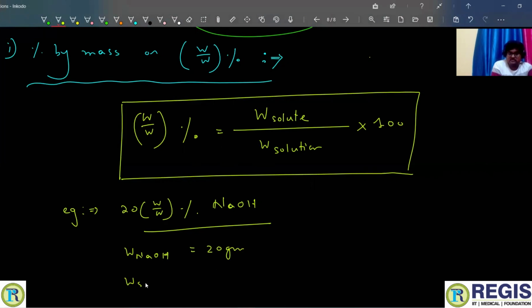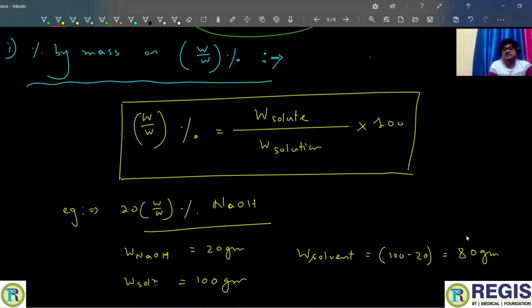The weight of solution is 100 gram. Now the weight of solvent is 100 minus 20, that means 80 gram. Is it clear? So weight by weight percent means basically this.